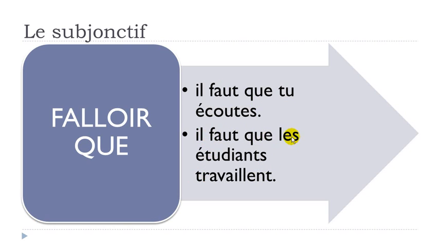Il faut que les étudiants, and then here you've got the verb travailler, to work, and this form is the subjunctive. Okay, so far it doesn't look that difficult, because if you look carefully, it looks like something that we encountered a long time ago when we started to learn French, maybe Unit 1 or Unit 2, okay, but then we'll see that a bit later.